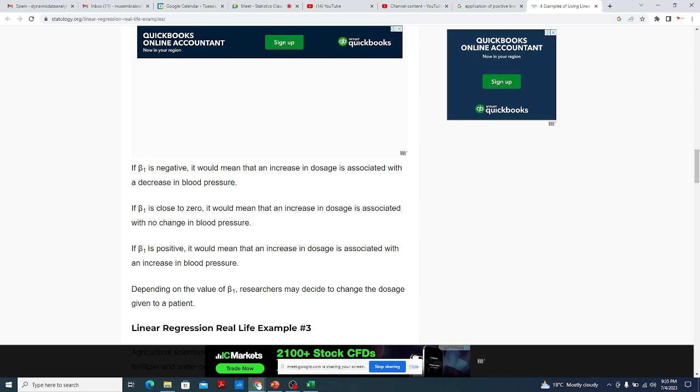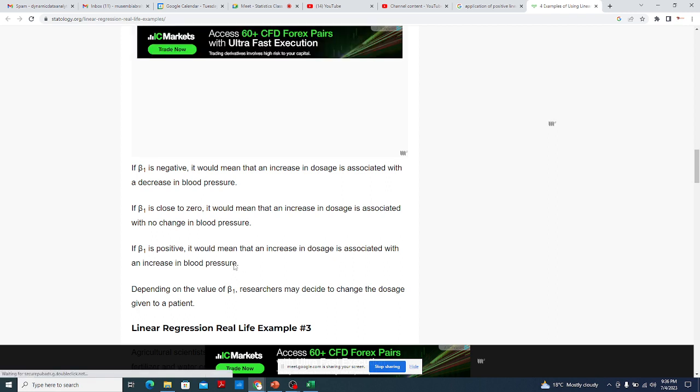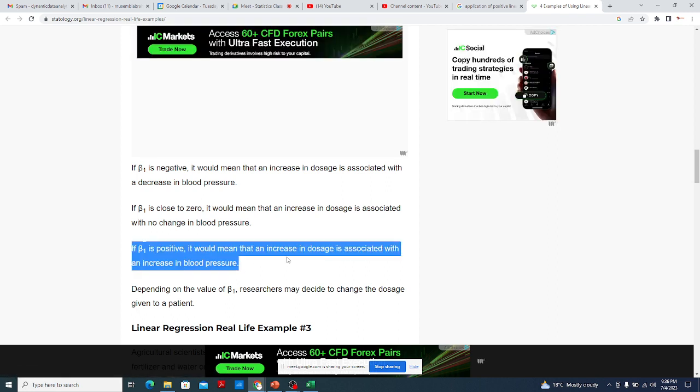But if B1, the rate of change, is positive, then it means that an increase in dosage is associated with an increase in blood pressure, and for that you would not prefer to increase the dosage of this person. Why?